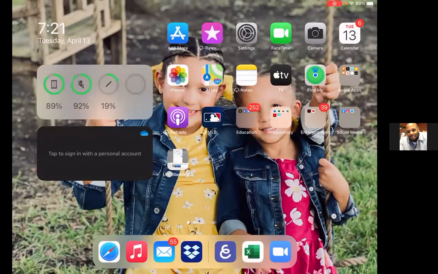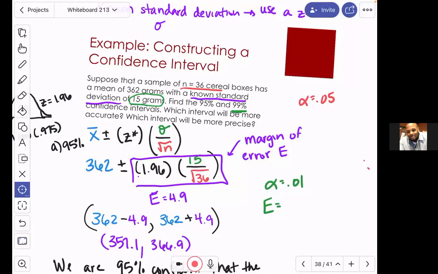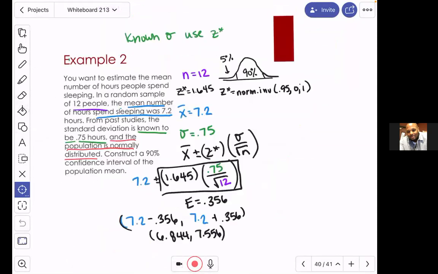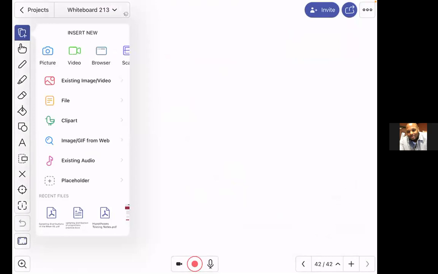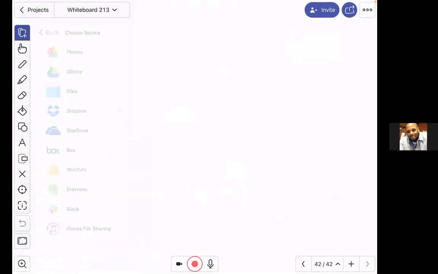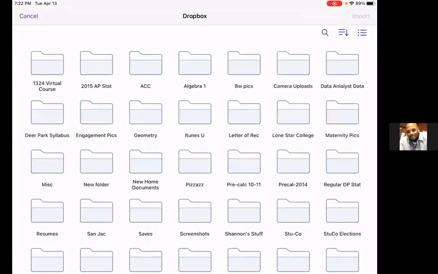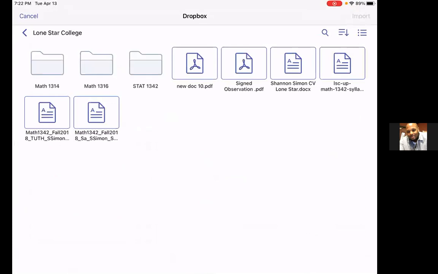Let me go back to the original problem. Let me try to find a problem that we haven't done yet, and we'll do an example. Let me go find another one. Let's go inside of here.